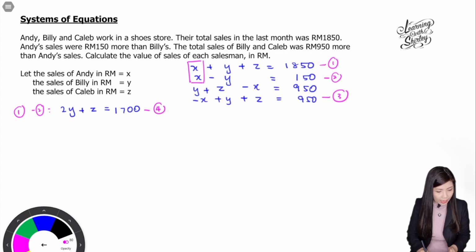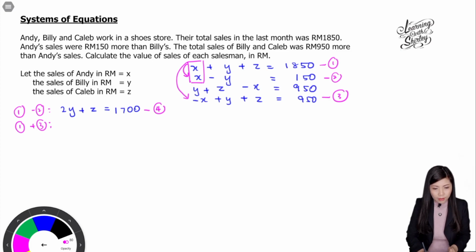Next, we're going to use 1 and 3 to eliminate the X. Just now was 1 and 2, now is 1 and 3. So I'm going to use 1 plus 3 to eliminate the X. X plus negative X is 0, so X is eliminated.